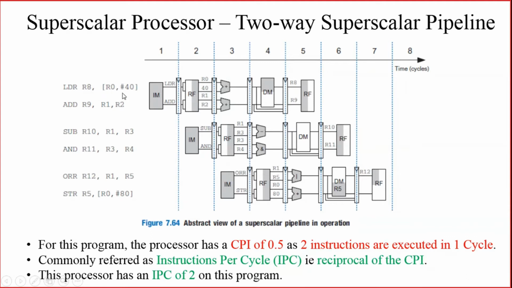That means you need to access the data memory which has this address. So this resultant address will be given to the data memory, and the content of this resultant address location present in data memory will be loaded onto R8. So the writing back of the result in R8 is done in the fifth cycle.